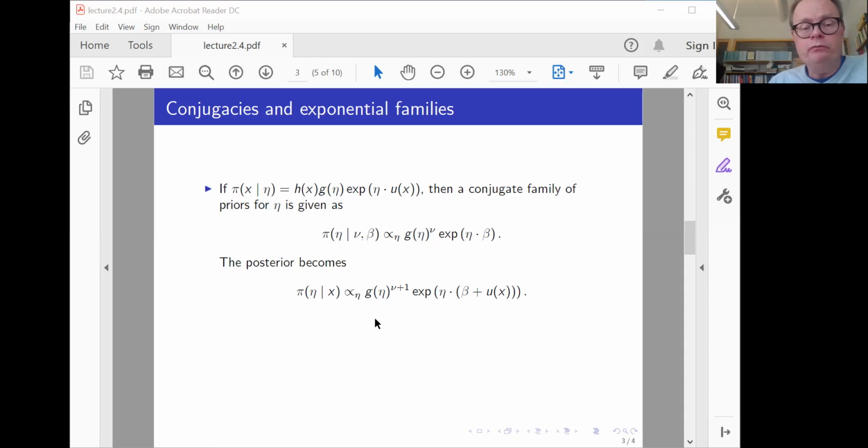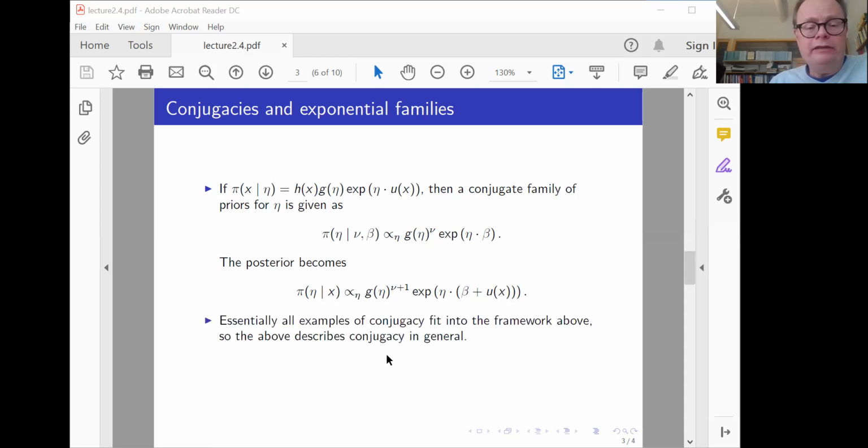It's expressed just with the one parameter adding 1 and the other parameter adding this u of x function, where x is then the data, so it's fixed. So you have conjugacy. And as I said, except for some very special cases that are rather trivial, all conjugacies are of this form. So it's a nice way to study them.